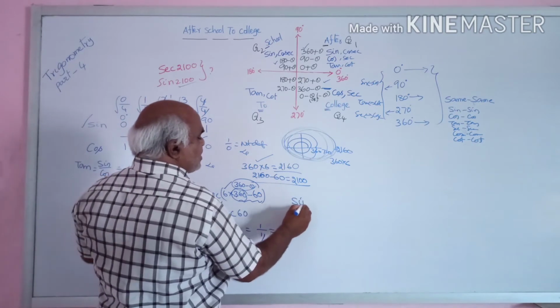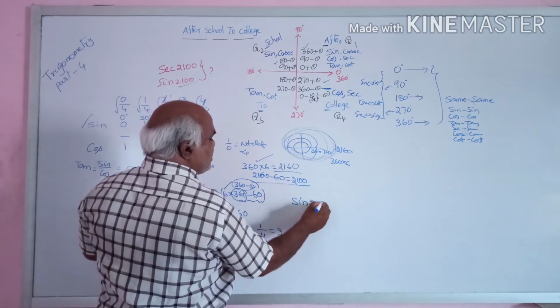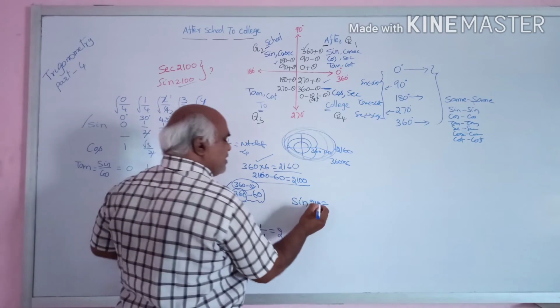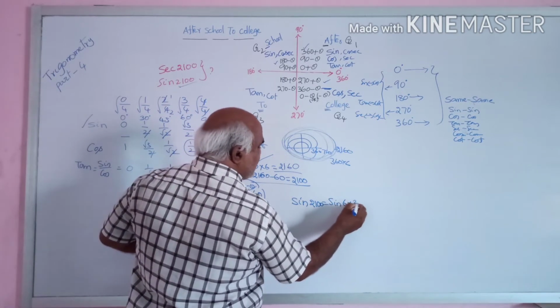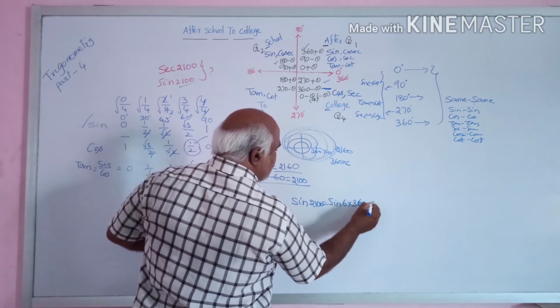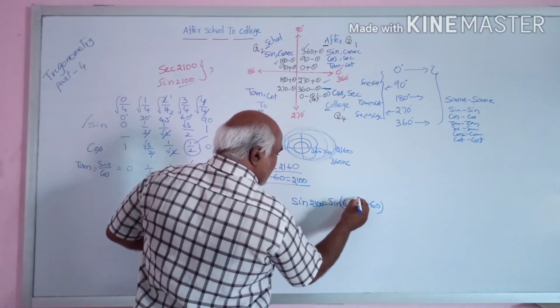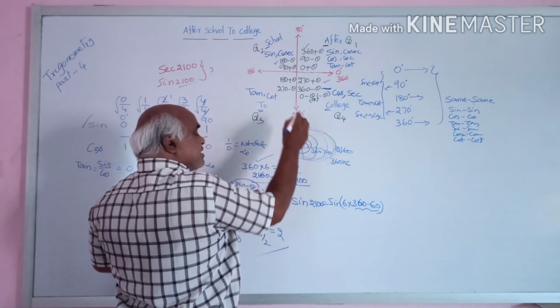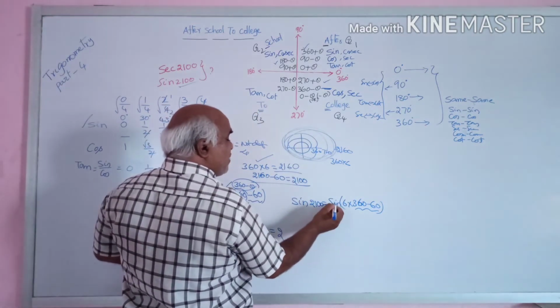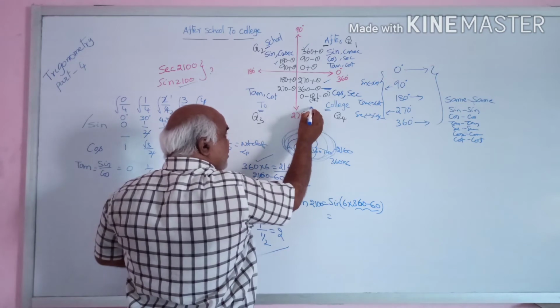Sin 2100 is equal to, similarly you can write sin 6 into 360 minus 60. Here also 360 minus theta, right? 360 minus theta is in the 4th quadrant, but sin does not lie in the 4th quadrant.